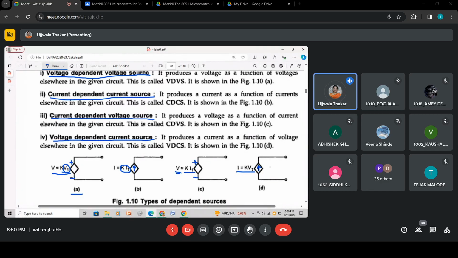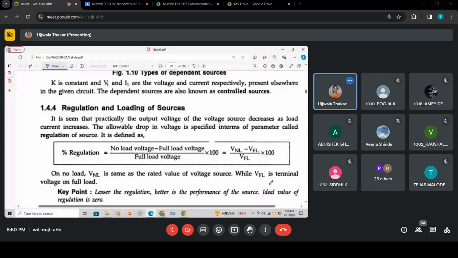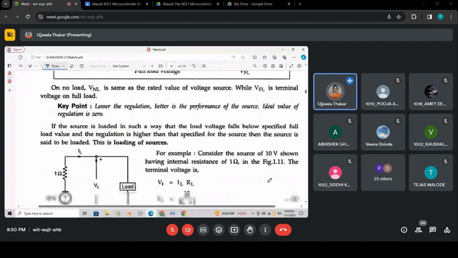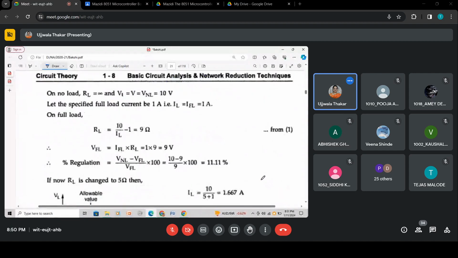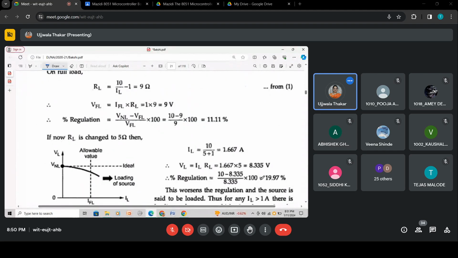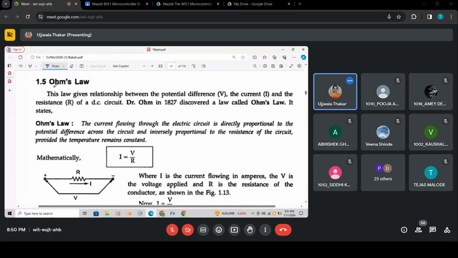All right, let's go ahead. You need not worry about this; there are a lot of problems mentioned. Now let's start with our first important law, Ohm's law.